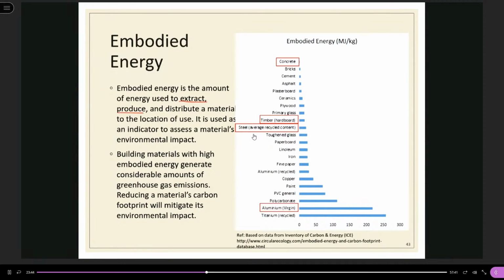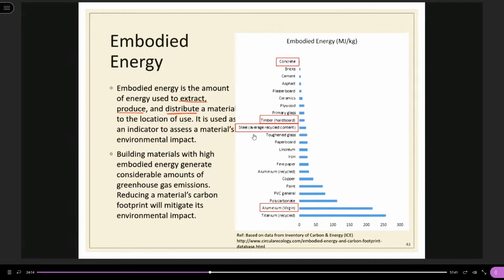So we need to use the furnace to melt down the steel and or the aluminium, and then to produce these material in the factory. So to produce and to distribute the material to the location of use. So maybe the timber that we used in Hong Kong originates in the US or in the mainland.